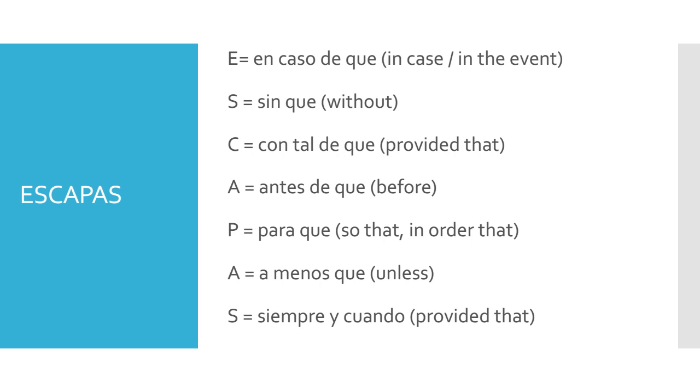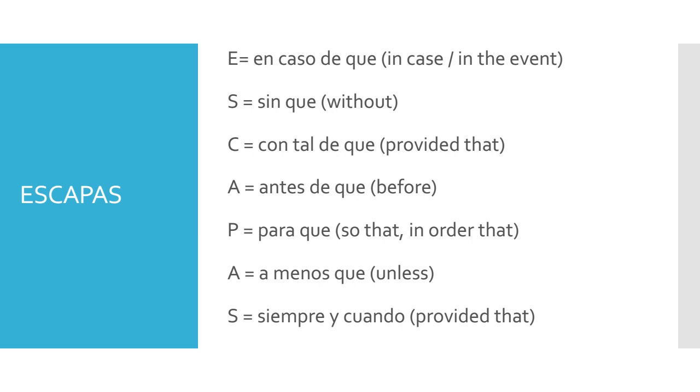We use the acronym ESCAPAS to help us remember these, from the verb escapar, to escape. So the E stands for en caso de que. So in the case of, in case, or in the event of. The S is sin que, which means without. The C is con tal de que, so provided that.